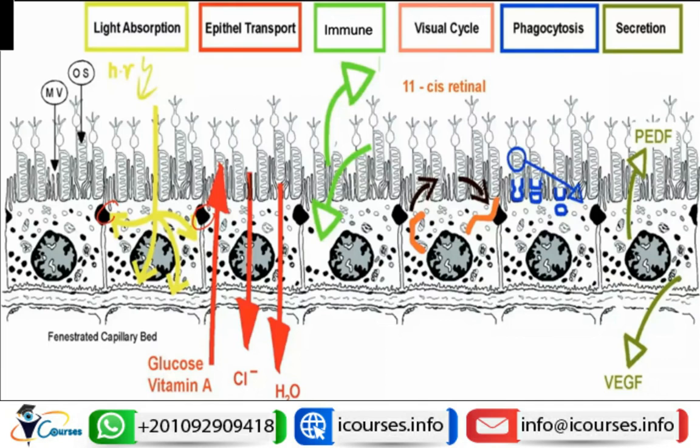As it forms the outer boundary of the blood-retinal barrier, it allows nutrients like glucose and vitamin A to enter through the RPE, coming from the choroidal vascular bed. It will allow chloride to diffuse out. It will pump the water from the space between the RPE and the neurosensory retina, so that fluid will not accumulate and the retina will stay attached.